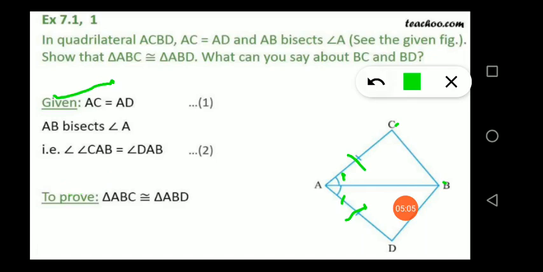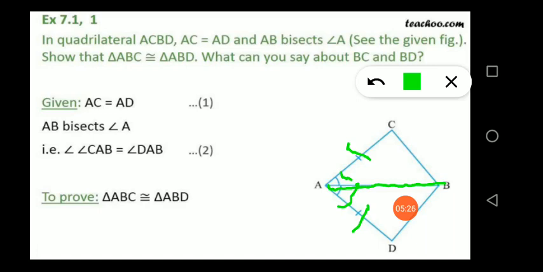So how can we say that these two triangles are congruent? One pair of sides is already given, the second pair, the angle, is given, and third, we can see that the line AB is common in both triangles.